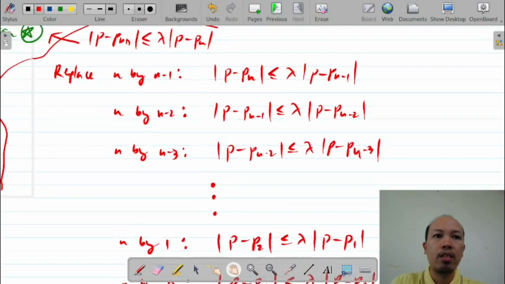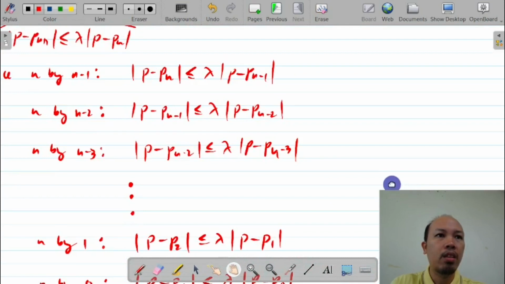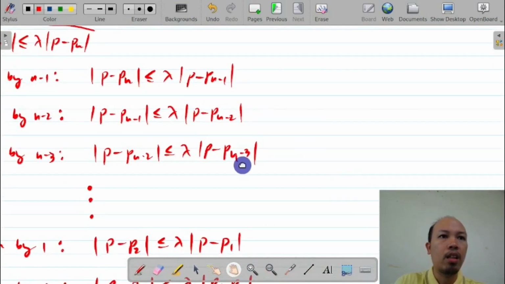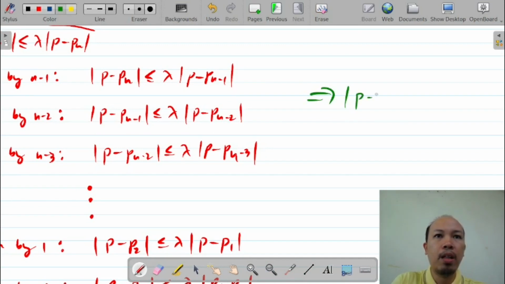Okay, so from this, notice that if you start with P minus P sub n, we will replace the absolute value of P minus P sub n minus 1 by this one here. So this is less than or equal to lambda times the quantity lambda times P minus P sub n minus 2.